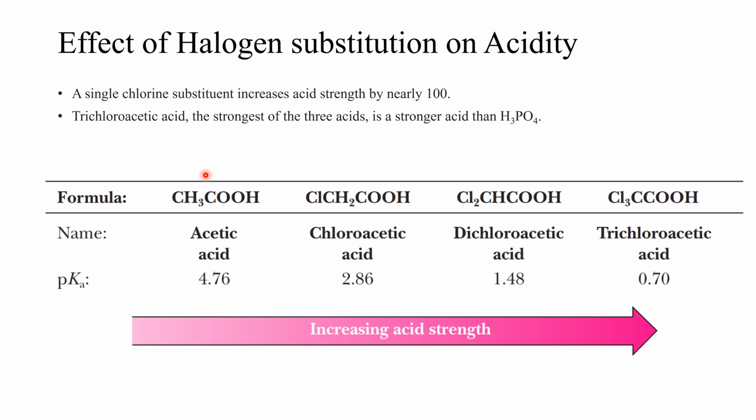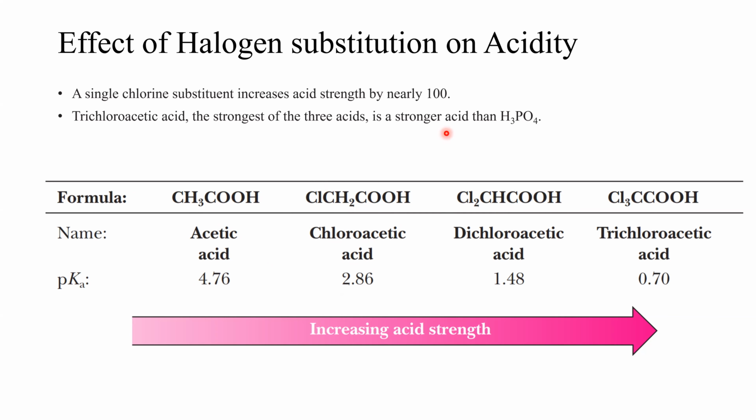Right now we are comparing the different versions of acetic acid with 1 chloro substitution, 2 chloro substitution, and 3 chloro substitution. If you look at acetic acid, its pKa value is 4.76. Now, if we substitute 1 chlorine here, this is chloroacetic acid, and you can see the pKa value turns to 2.86.